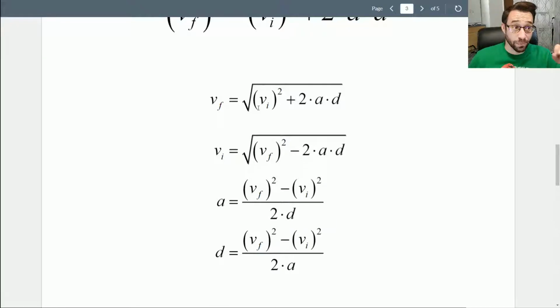And it's literally as simple as this. If I'm solving for D, I look for the one that's already solved for D, and I write that down. So I get my displacement is equal to my final velocity squared minus my initial velocity squared all over 2 times my acceleration.